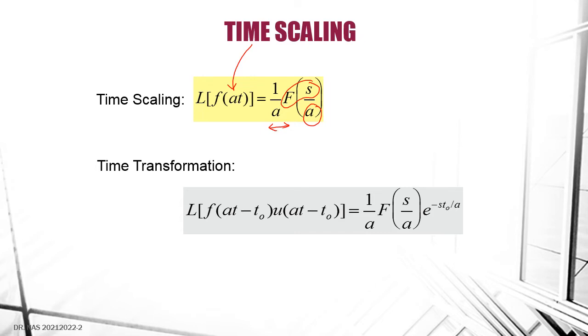If you have more than one operation, such as time scaling and also time shifting, then in S domain the signal will have a modification in the amplitude, and since there's shifting in time domain, the signal will be multiplied by an exponential function as well.